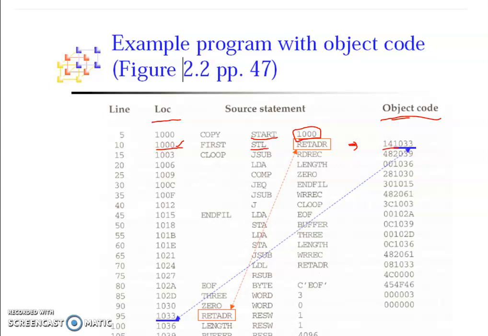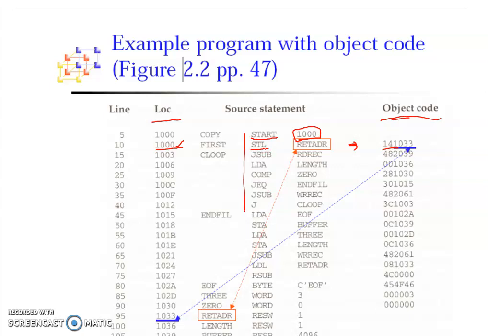When you check the last pages of the textbook mentioned in your syllabus, you will find the machine equivalent codes for the different opcodes used in the SIC assembler.